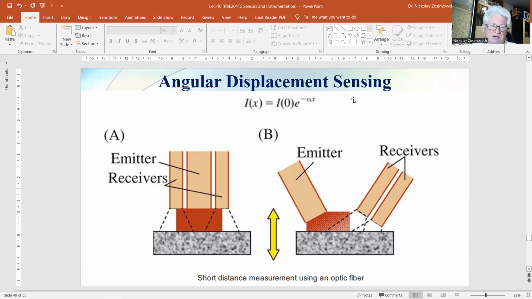Accurate measurement of angular displacement is mostly performed by encoders, either absolute or incremental. Angular movement over a very small range can also be detected using the configuration of figure A. In this case, the transmission from transmitting to receiving fiber is modulated not only by a vertical displacement, but also by rotation of the target as well.